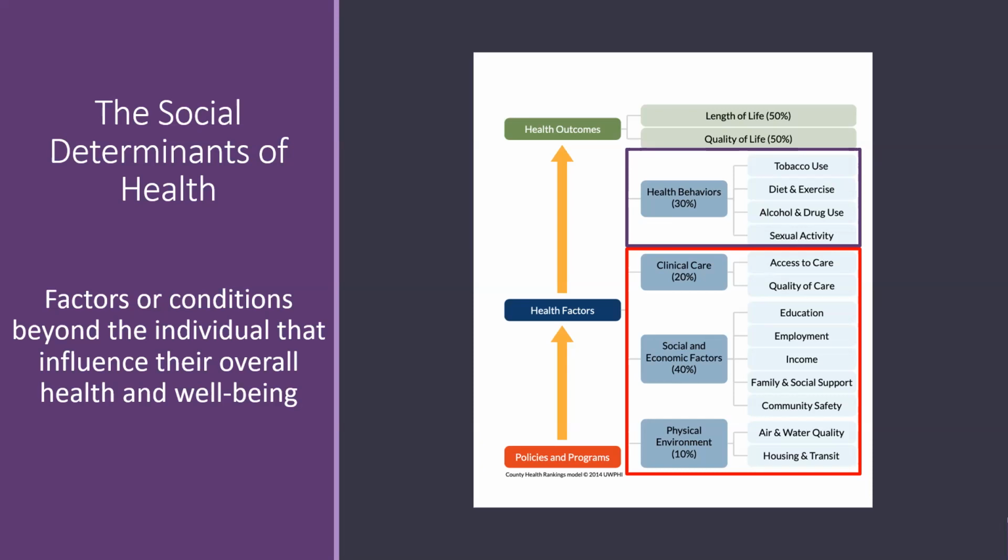But it has been proposed that extension needs to take a twin approach, which means that we need to continue to do quality research and evidence-based community education, which encompasses a lot of those health behaviors, but that we also need to address the social determinants of health through policy, systems, and environmental changes.